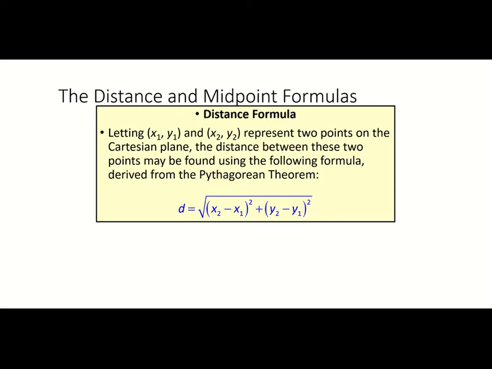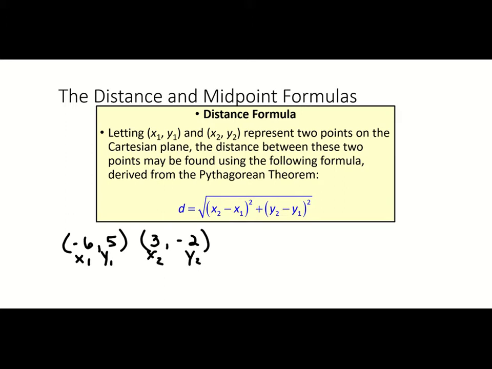We'll try one now. If I give you the ordered pair, and again, I'm just going to make this up, my first ordered pair, I'm going to make it negative 6, 5. My second ordered pair, 3, negative 2. All right, it doesn't matter which one you label x1 and y1 as long as the 1s are together and the 2s are together.